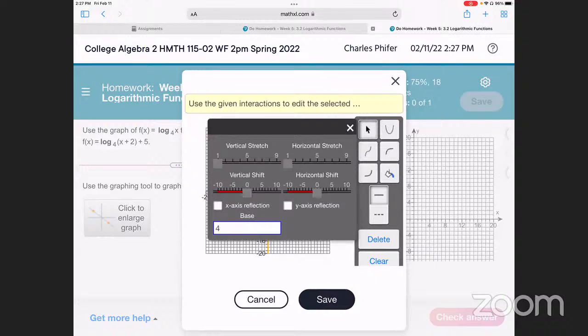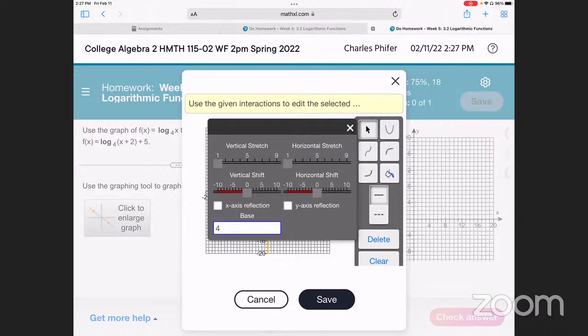Now, when we do multiple transformations in one equation like this, the recommendation is work your way from the inside to the outside. So if we start with the nested most set of parentheses, we have that +2. That inside transformation usually causes a horizontal change and is the reverse of our intuition.